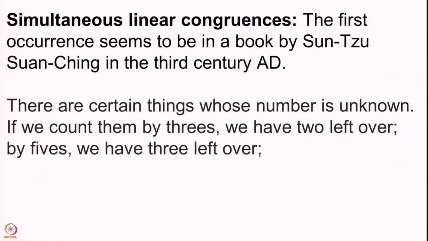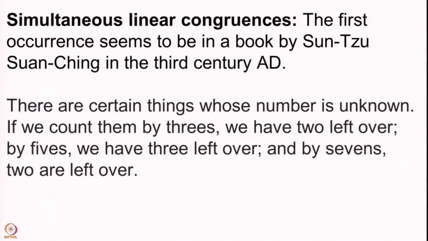If you group them by 5, then there are 3 left over. So, that means n, when partitioned in groups of 5s, has 3 things left over, which means that n is a multiple of 5 plus 3, or n is congruent to 3 modulo 5. And when you do it by 7s, then 2 are left over.